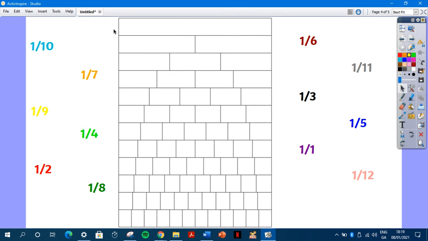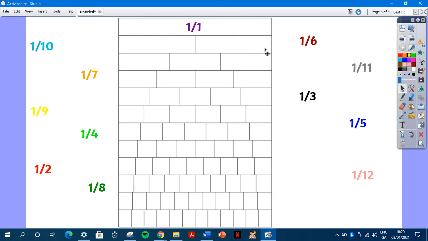Do we have more than 1 piece in the top line? No. So our 1 over 1 goes on the top line, and sometimes we just call that 1, but this means the exact same thing. So 1 divided by 1 is 1. So it just stays up there on the top like that.